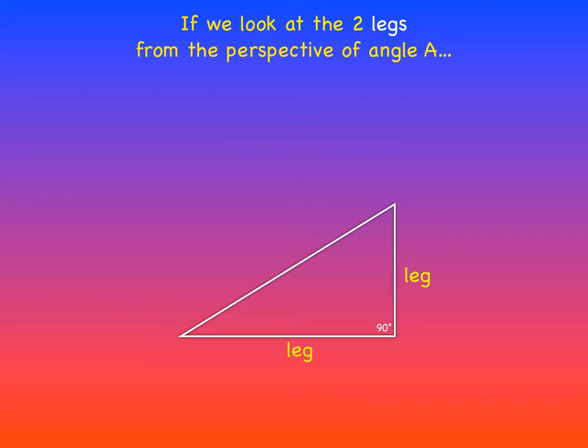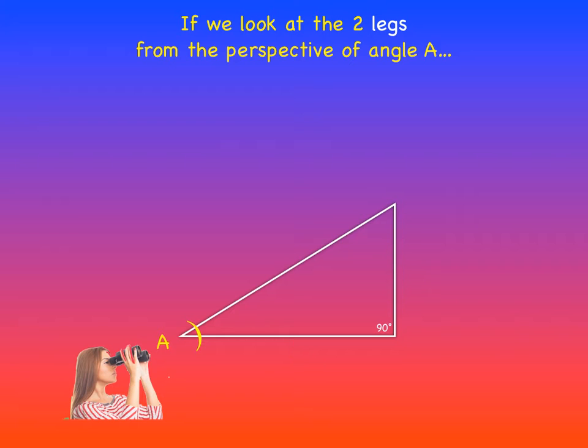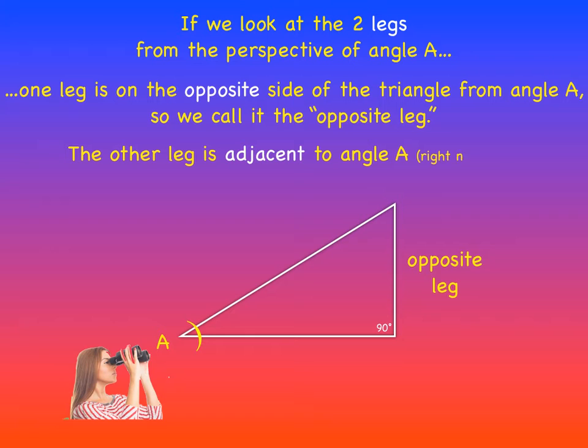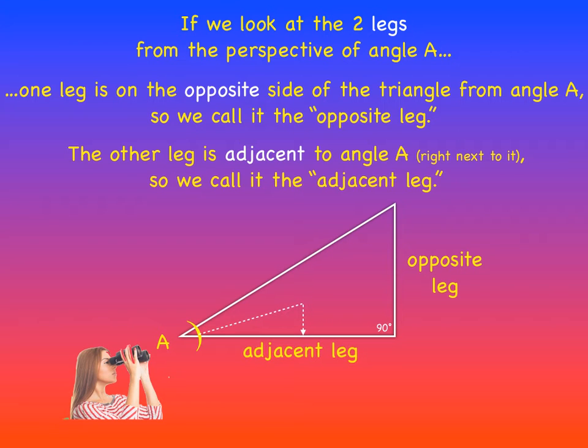If we look at the two legs from the perspective of angle A, one leg is on the opposite side of the triangle from angle A. So we call it the opposite leg. The other leg is adjacent to angle A, right next to it, so we call it the adjacent leg.